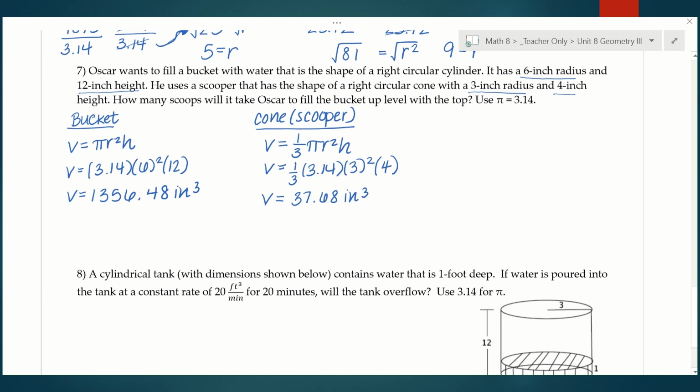But obviously the faster way to do that is to divide. So we take the total volume of the bucket and divide it by the volume of our cone, and we will get how many scoops it will take to fill that bucket up. When you do that, we should be getting 36 scoops.